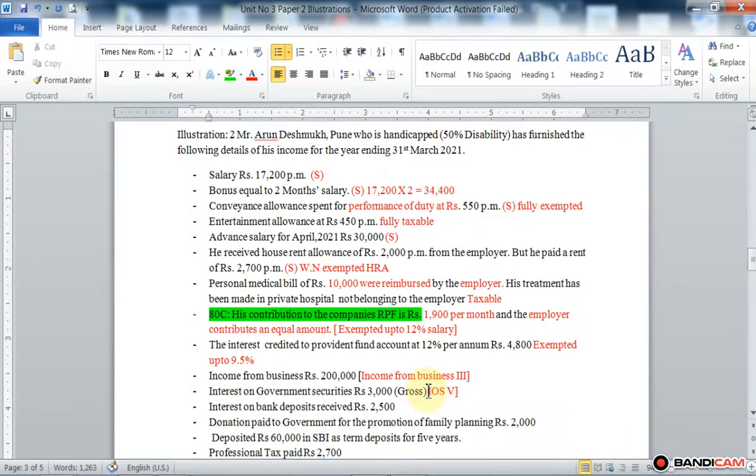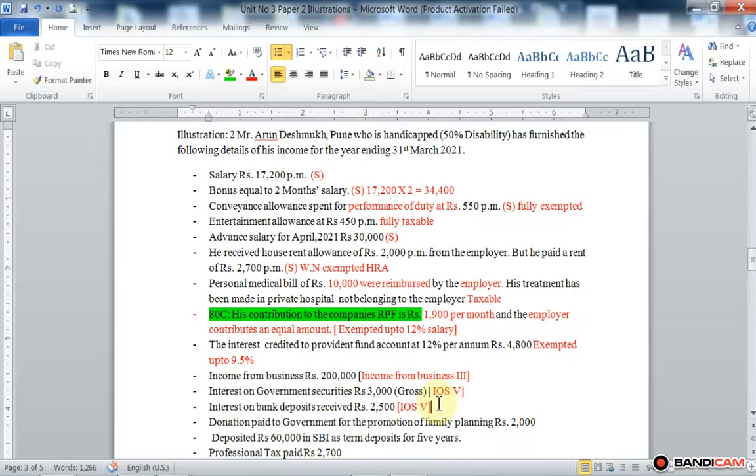Then interest on bank deposit received is also income from other sources, head number 5. Now here we consider the deduction on interest on bank deposit.